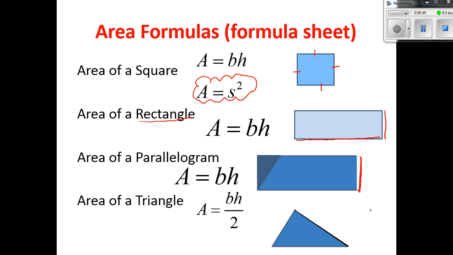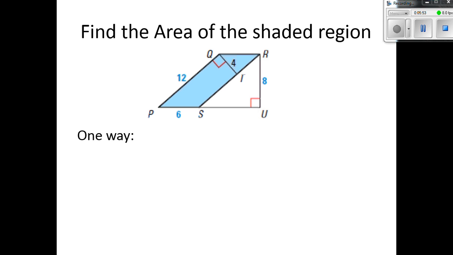All right, so now let's go ahead and work with these formulas by giving us different shapes. So I want you to find the area of the shaded region. If you were going to identify what kind of triangle or what kind of shape that shaded figure is, what would you say?